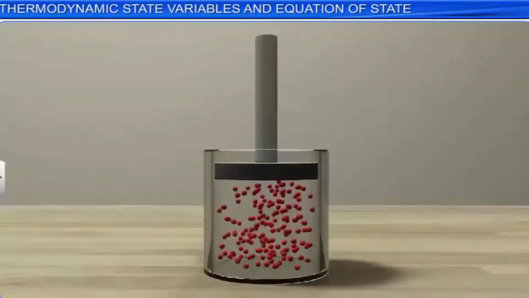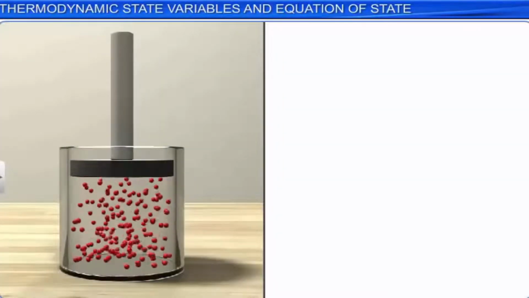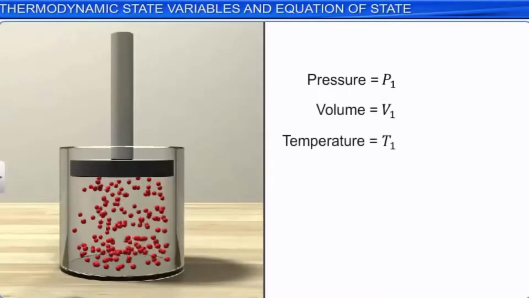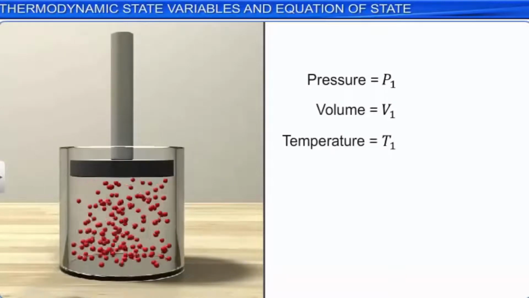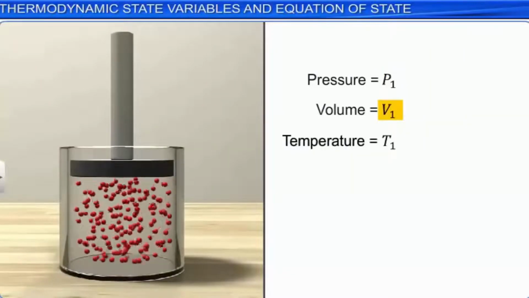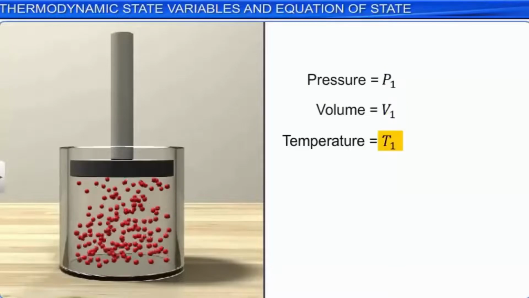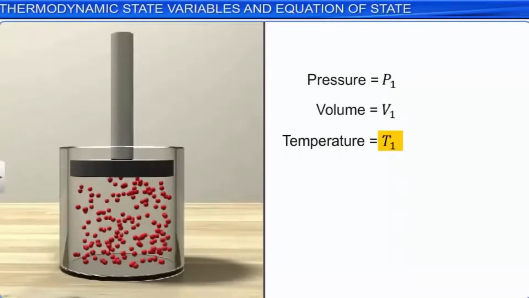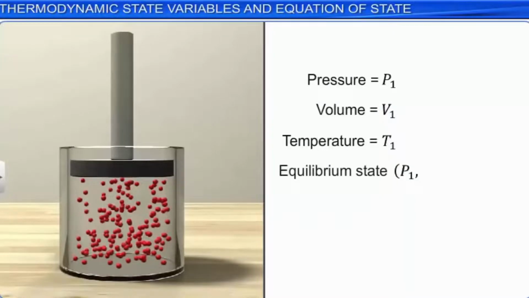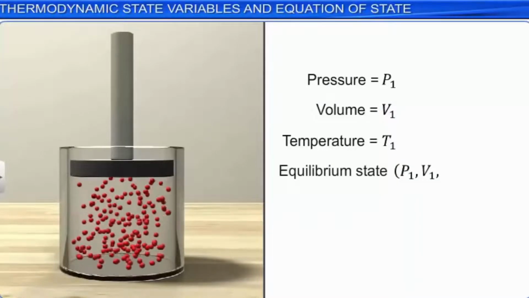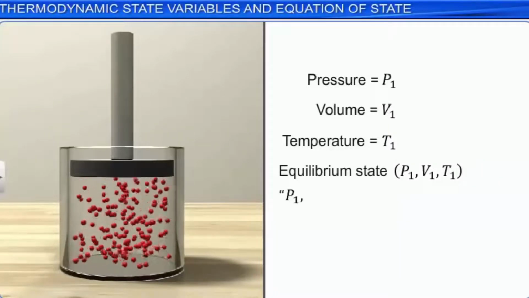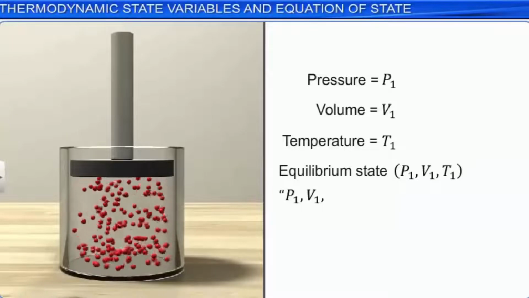For example, if the pressure, volume, and temperature of a given quantity of gas in a container are denoted by P1, V1, and T1, then its equilibrium state can be identified by (P1, V1, T1), and P1, V1, and T1 are the state variables of this system.